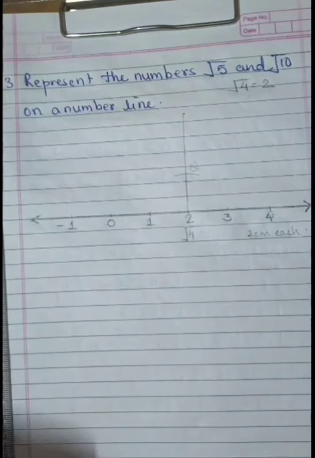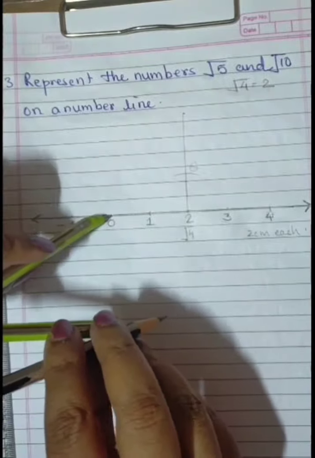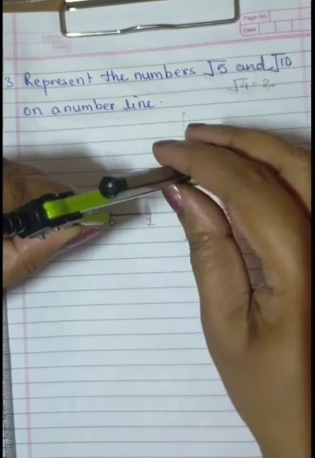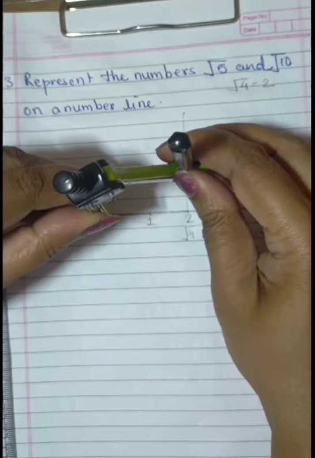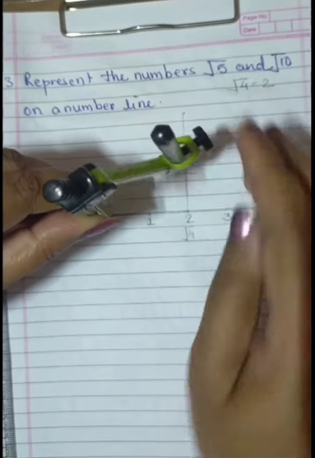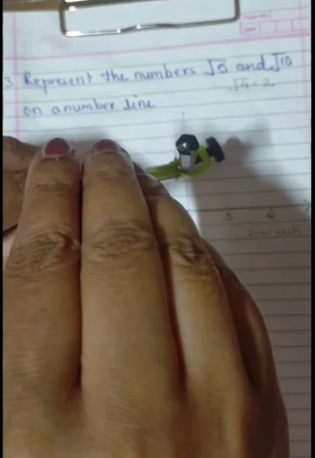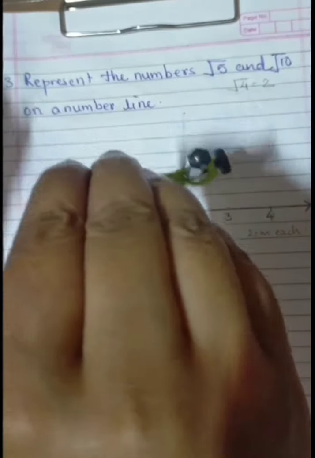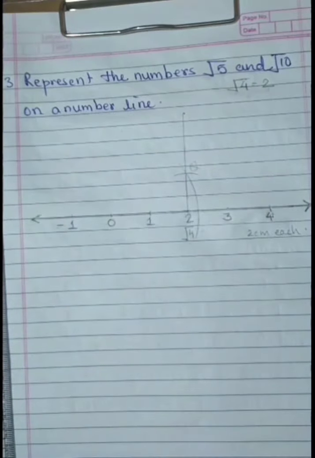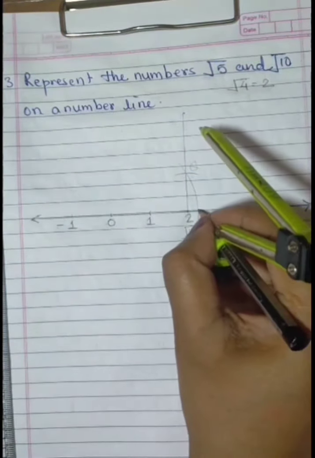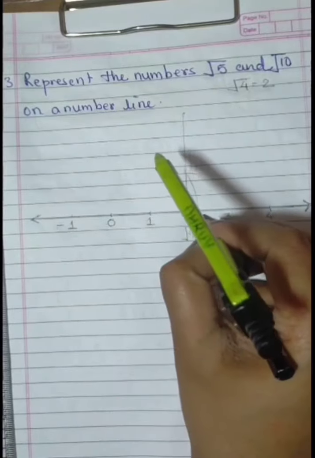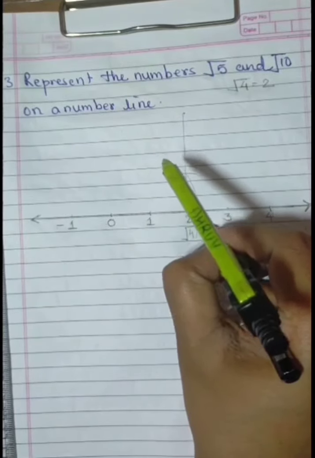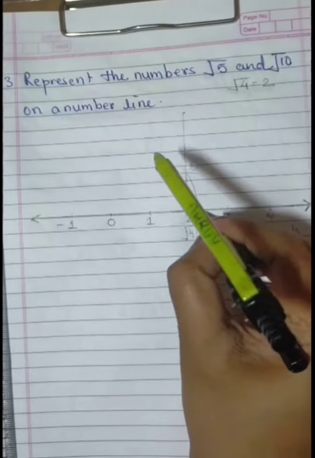Now we have to put this point on 0, and from here cut one arc. As you can see, the point where the arc is cut is called root 5.